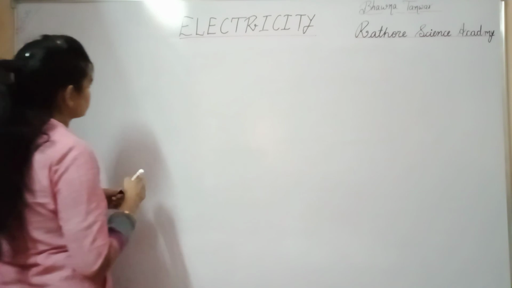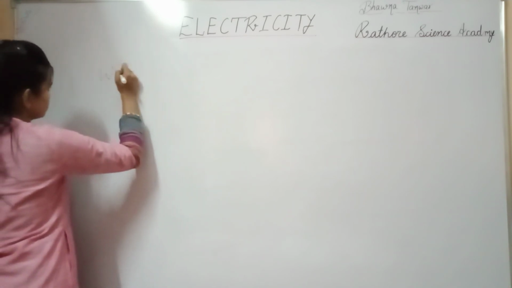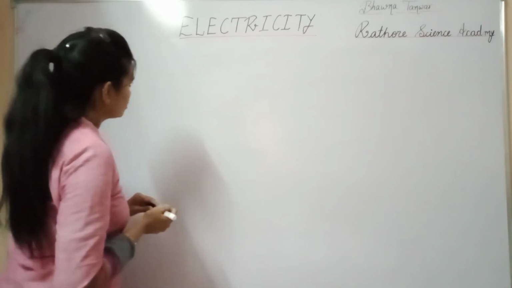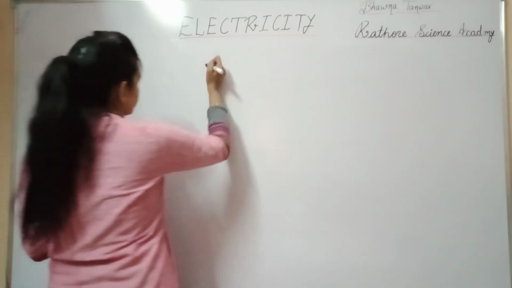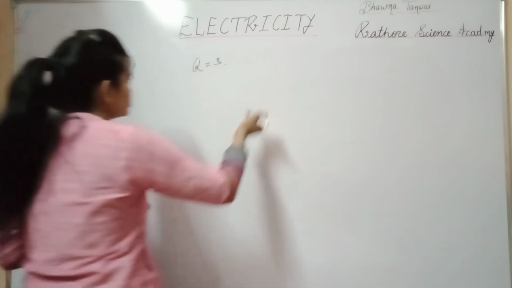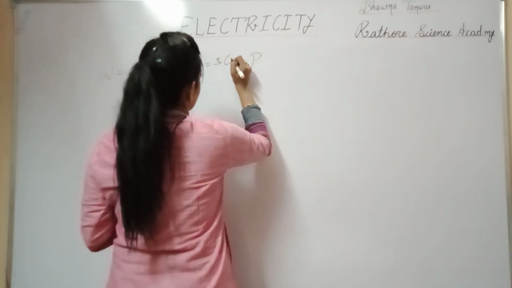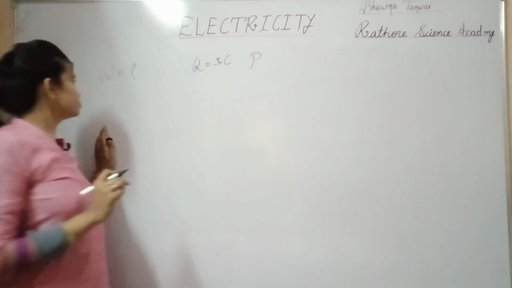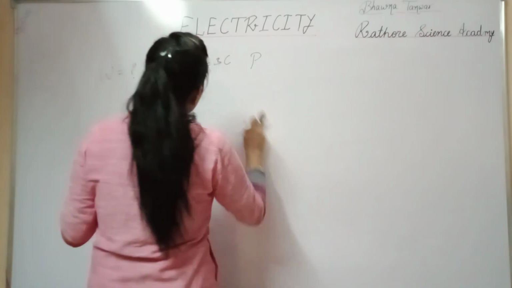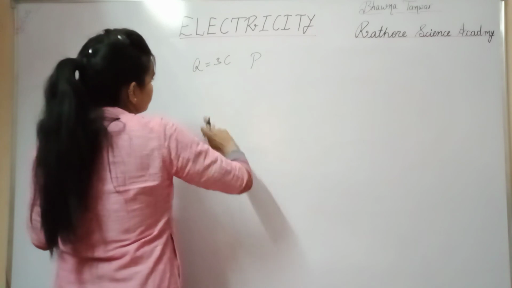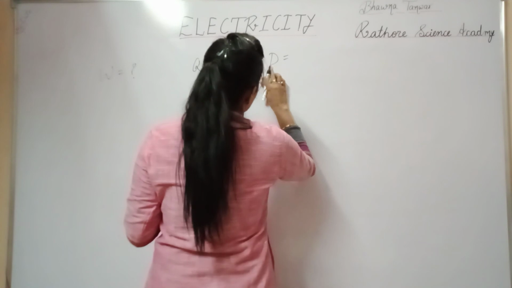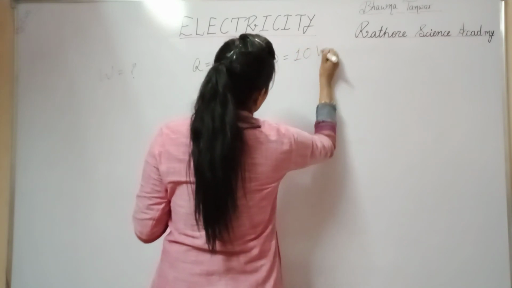Find out the work done to bring a 3 coulomb charge when the potential difference is given as 10 volt.